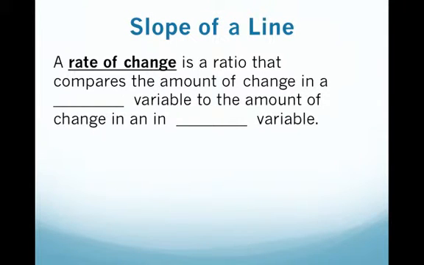Sentence frame, slope of a line. A rate of change is a ratio that compares the amount of change in a blank variable to the amount of change in a blank variable.